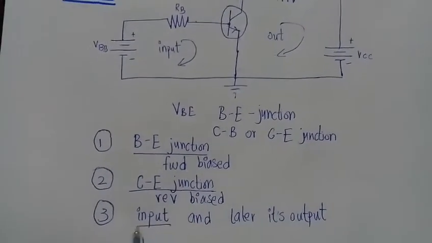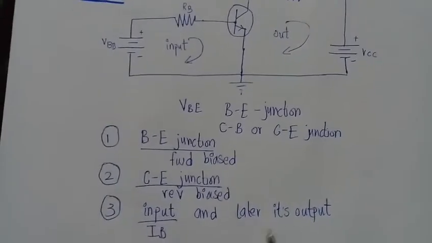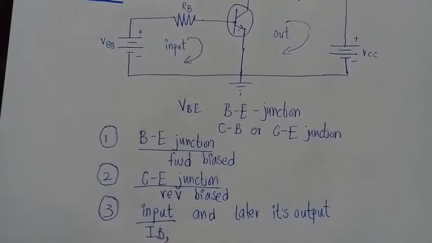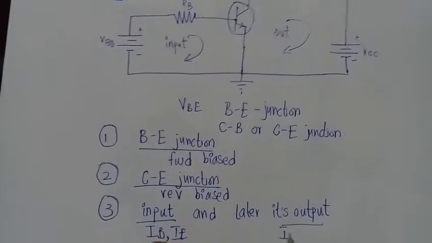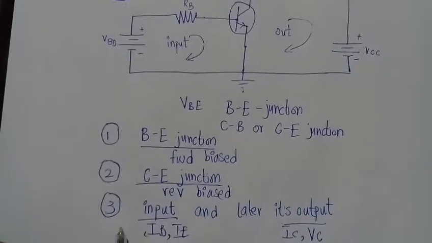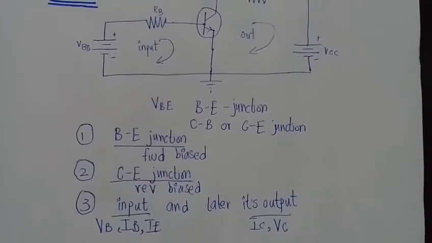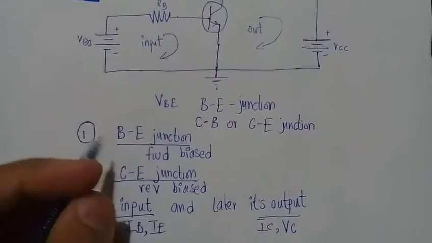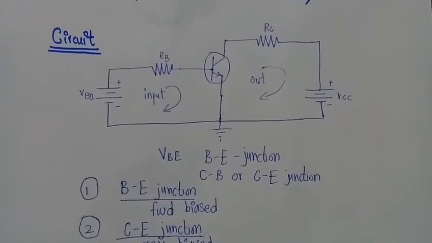From the input loop you will get IB or IE, and from the output loop you will find IC or VC, and here also VB, the base voltage, will be found from there. So guys, that's all. These are the steps which we will follow to solve the circuit of common emitter configuration.